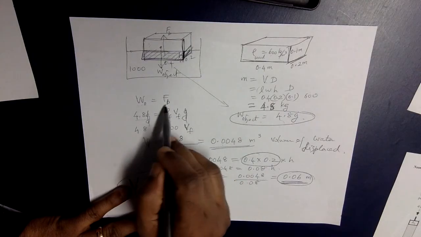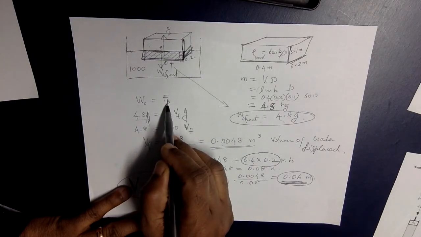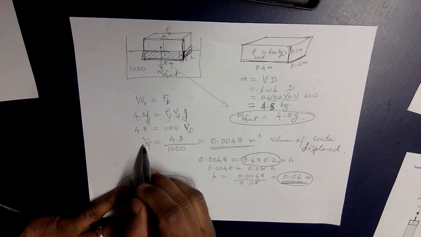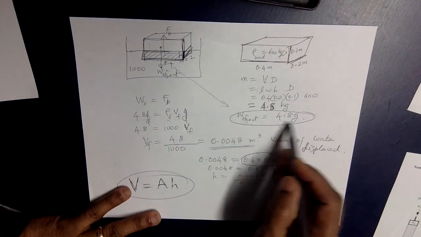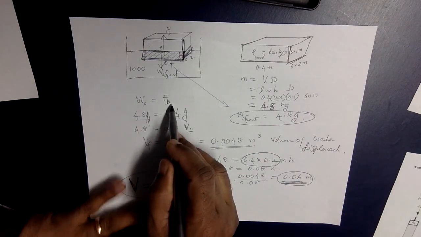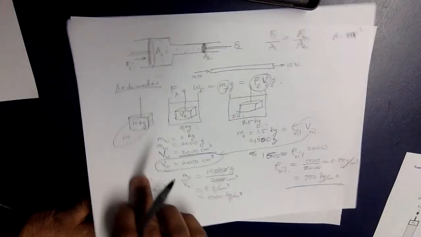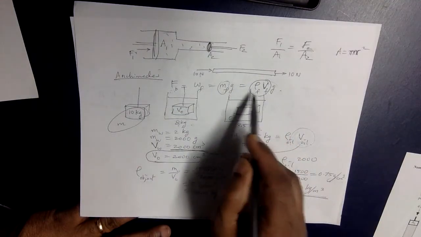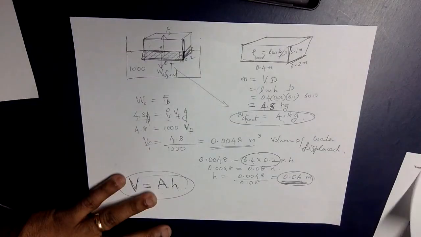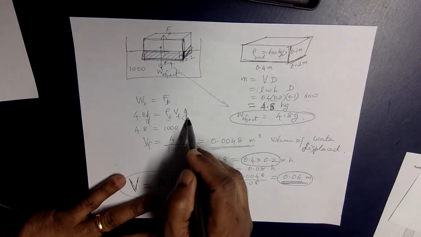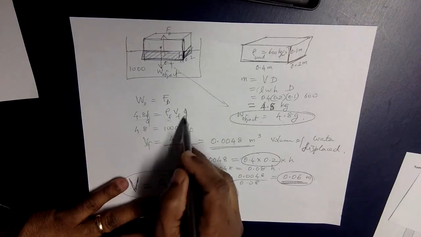That is the main condition in buoyancy, in flotation. So weight of the object is 4.8 g, where g stands for gravity. And the buoyant force, which we saw earlier, is the weight of the fluid displaced. So density of fluid times volume of fluid times gravity. Gravity cancels off.